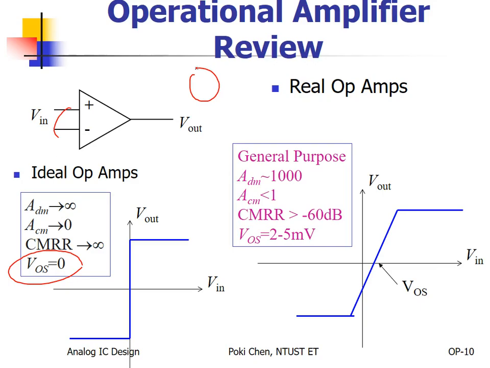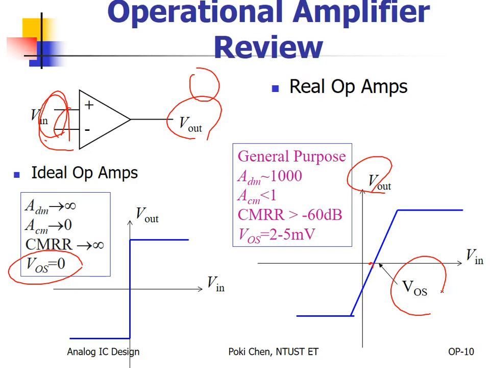How about in practice? Even if you apply the same voltage to your input, I promise you your output won't be 0. So how to make your output exactly 0? You need to apply some kind of offset to your input. That is the so-called VOS, input offset voltage.